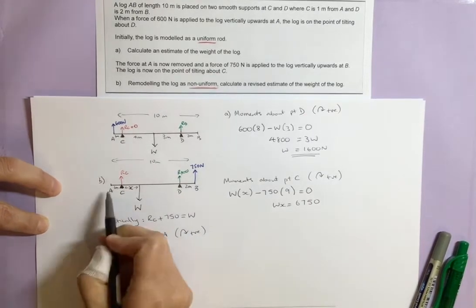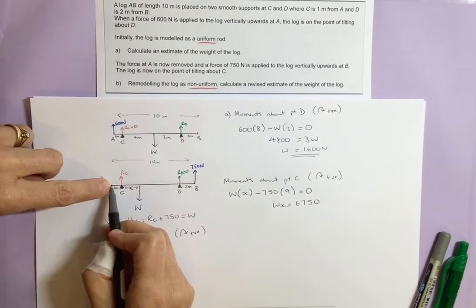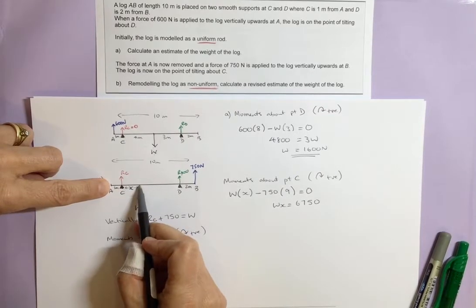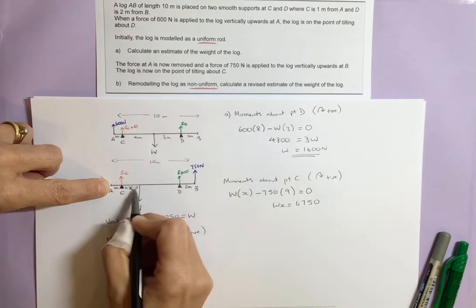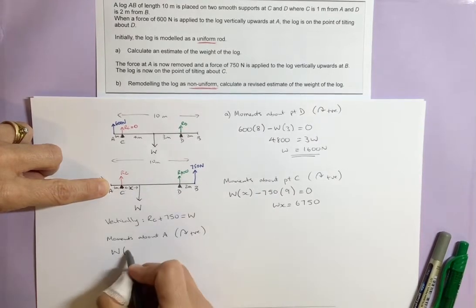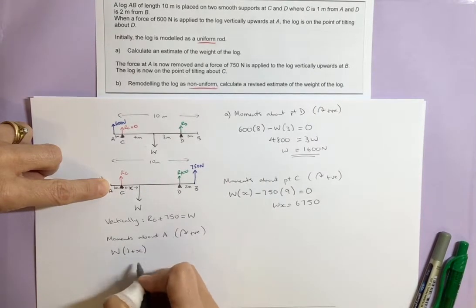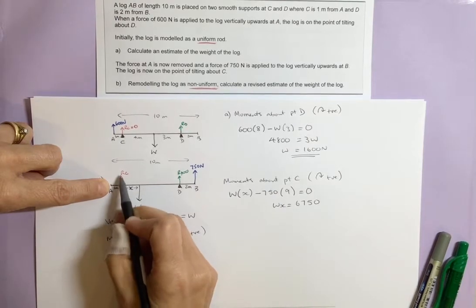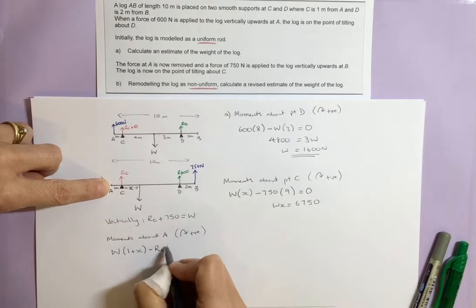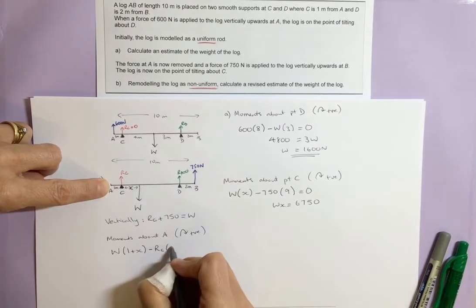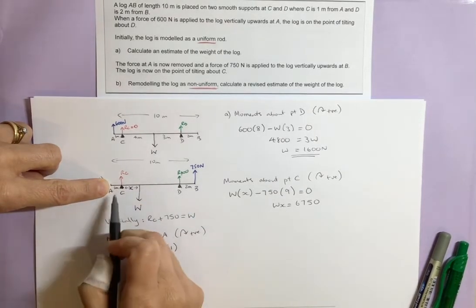Clockwise, positive. So about A then, we're going to have clockwise just this W downwards, and that distance is going to be 1 plus X. Then this reaction force is going to be tending to have an anti-clockwise moment, and that distance from point A is 1. What else?